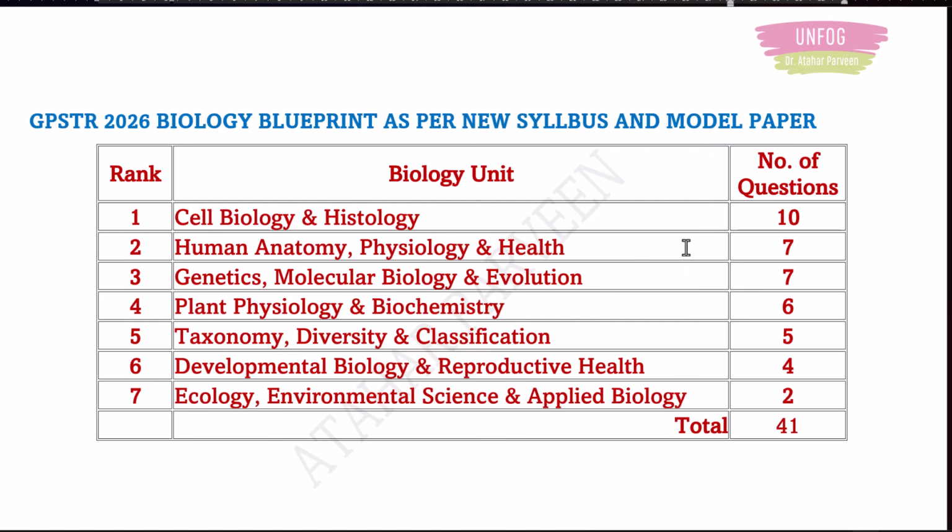Then you have human anatomy, physiology and health, 7 questions. Then genetics, molecular biology and evolution, 7 questions. Plant physiology and biochemistry, 6 questions. Taxonomy, diversity and classification, 5 questions. Developmental biology and reproductive health, 4 questions. Ecology, environmental science and applied biology, 2 questions. So in total you have 41 questions.